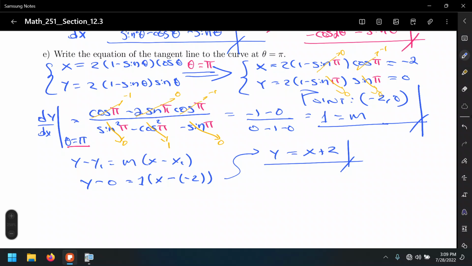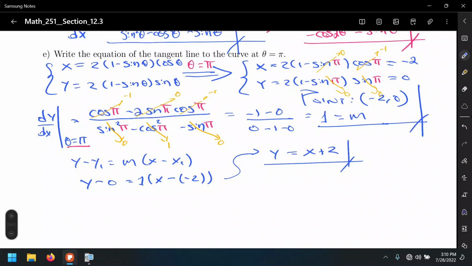Okay, so here is the thing. I don't want to just give you this experience that we're only crunching numbers and symbols, derivatives. What's the whole visual here? Well, we're getting the equation of a line that is tangent to that cardioid, but how do we graph these two together?